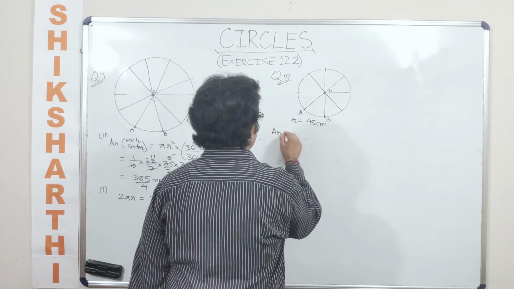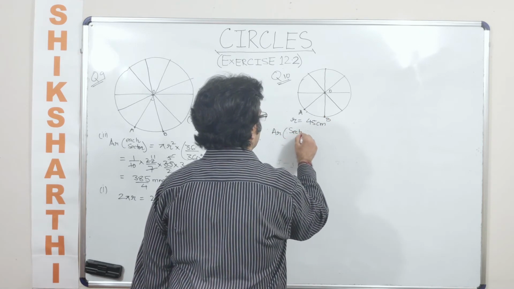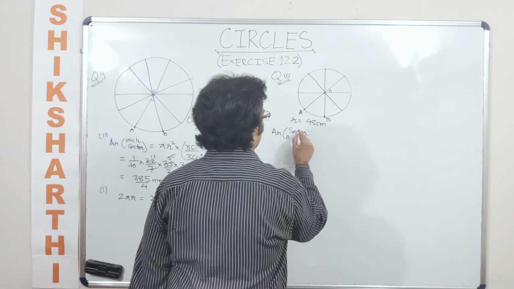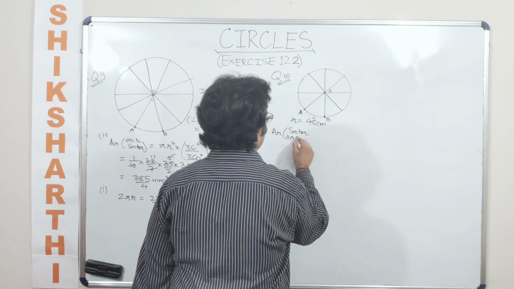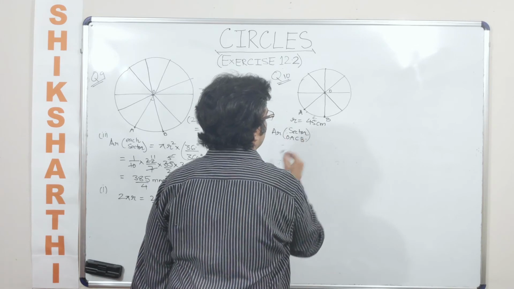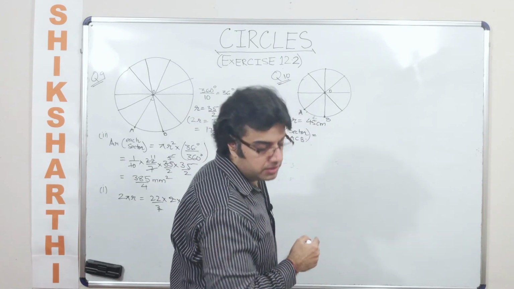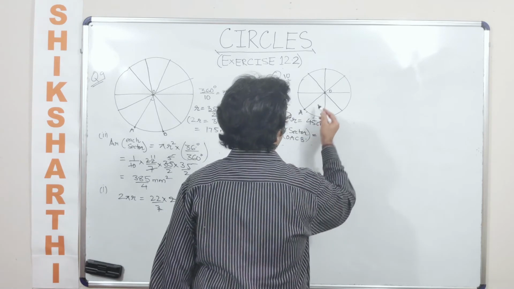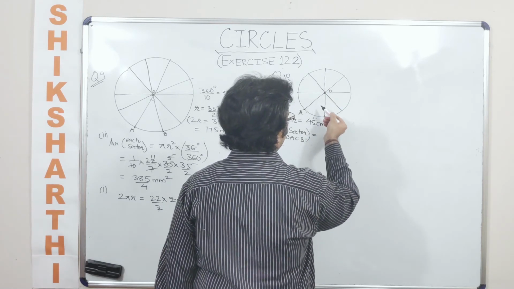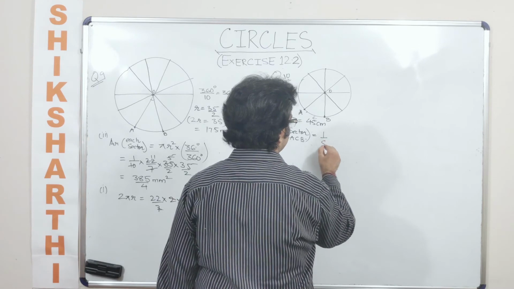So area of the sector OACB will be how much? And what is the degrees that they have given? The degrees they have not given. So you know that the entire circle has been divided into 8 congruent parts.